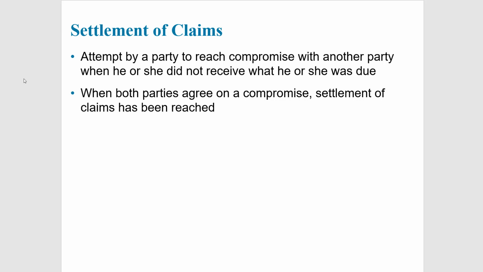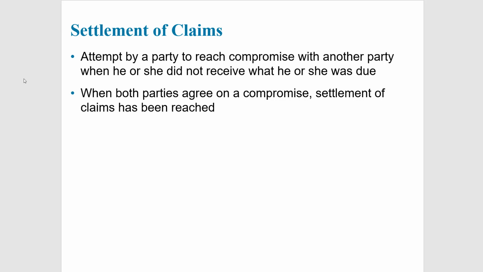A settlement of claims happens very, very often when there's some kind of dispute, and if we don't let it go all the way to a court decision, we can meet ahead of time and settle anywhere along the way, even before it gets to court or anytime before the final court decision, sometimes even after.